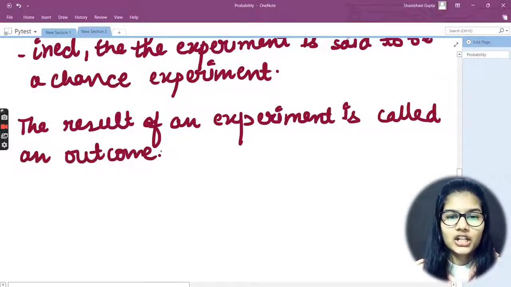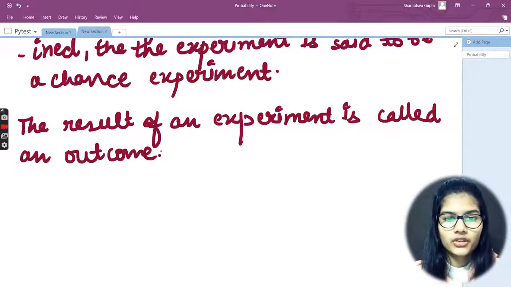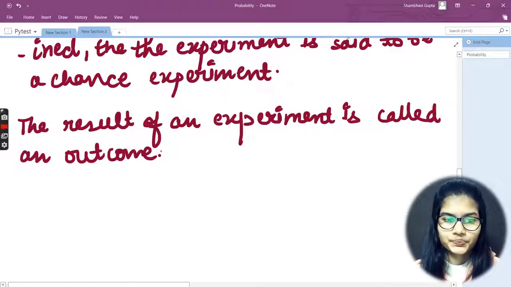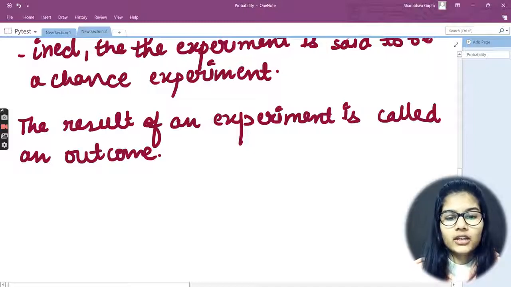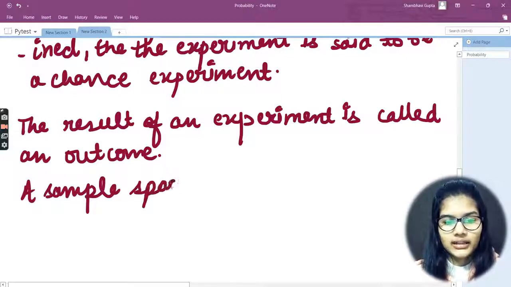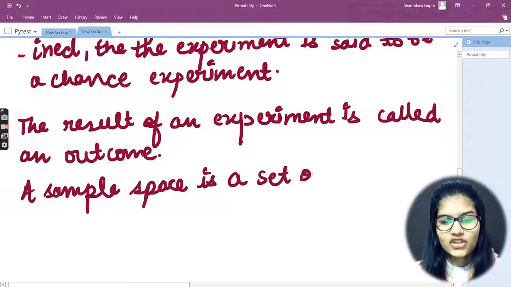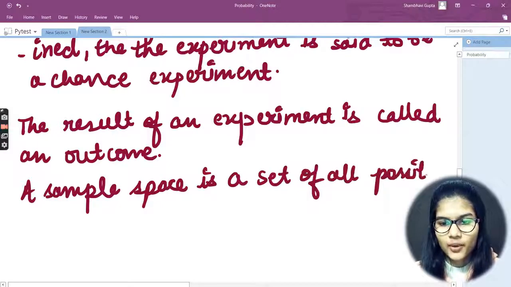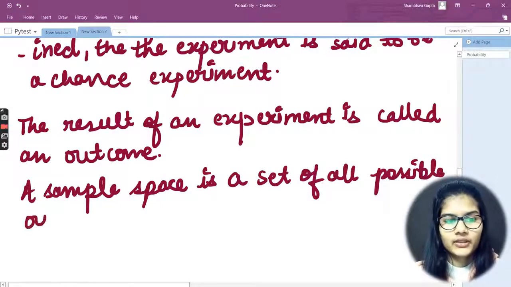So whatever result of an experiment you are getting, that is meant as an outcome. And what is a sample space? A sample space is a set of all possible outcomes.